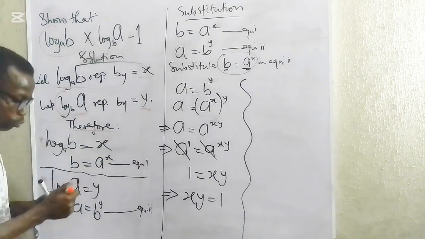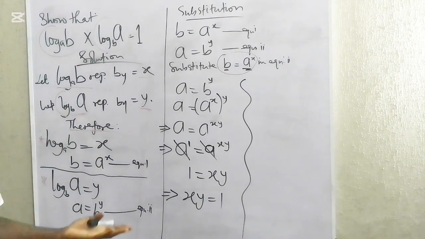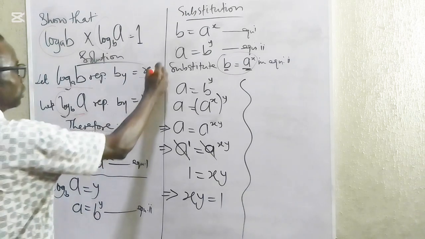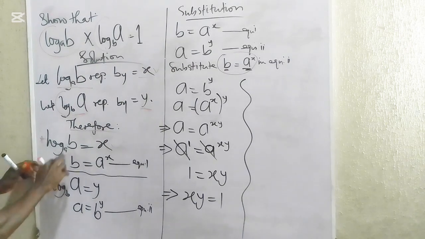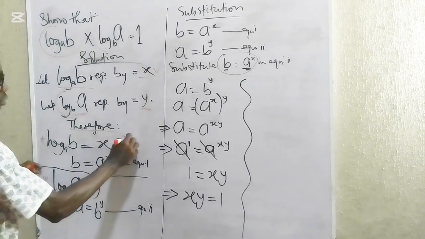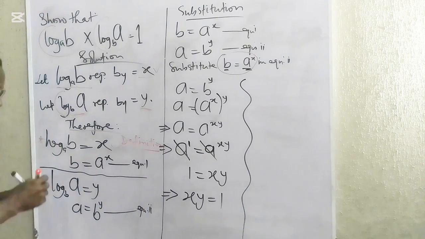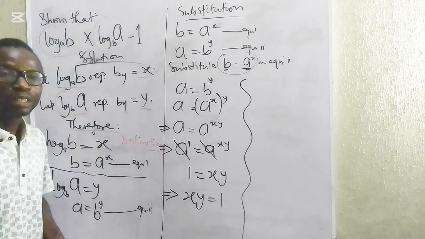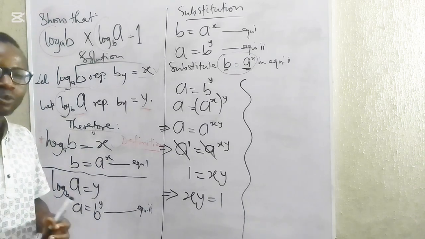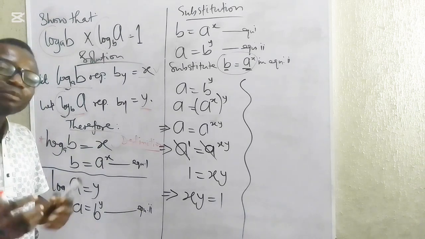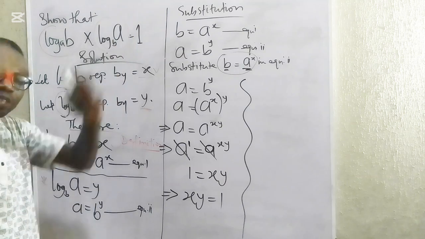By having this, we'll be able to form 2 different equations. Now if I pick the first one, I use the definition of logarithm. What's the definition of logarithm? The log of a number to a particular base is the number of times the base will be raised to give that number.